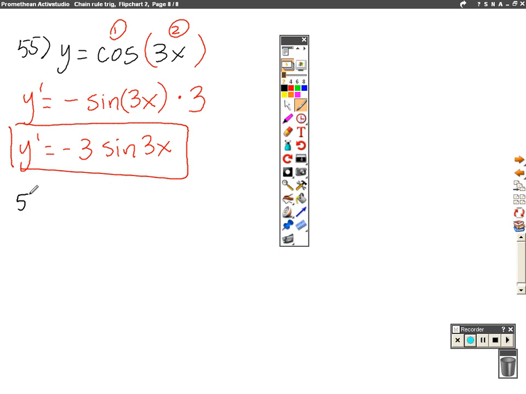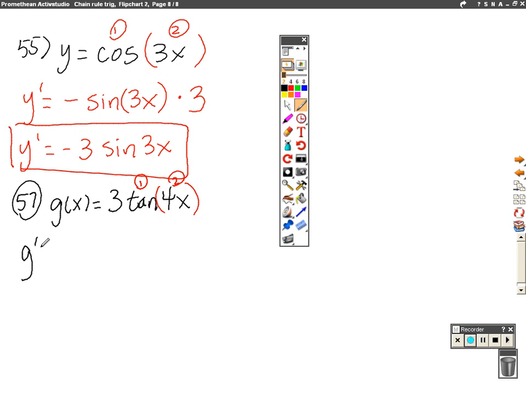Problem number 57. In 57, we have g of x is equal to 3 tangent 4x, and this is very similar to the last problem, except now I have a coefficient out front. The outside function is the trig function of tangent, and the inside function is the angle. Again, if it helps you, you can put parentheses around the angle. The 3 is a coefficient, and it's just going to come along for the ride. So when we find the derivative of the outside, there's my 3.